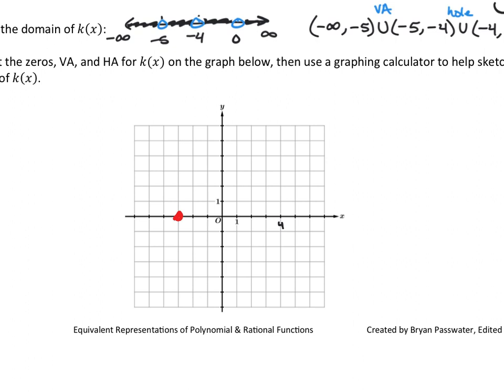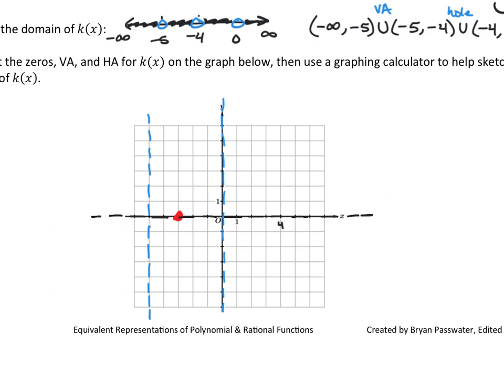We have vertical asymptotes at 0, and at -5. Last but not least, we're going to add in our horizontal asymptote, which we found was y equal to 0. And there's our boundaries for this graph.